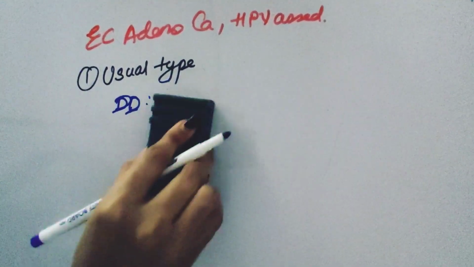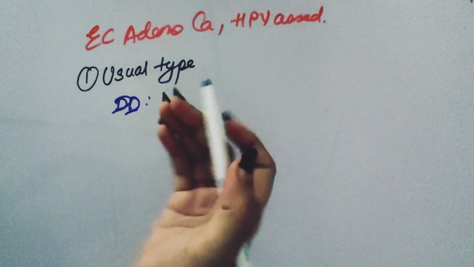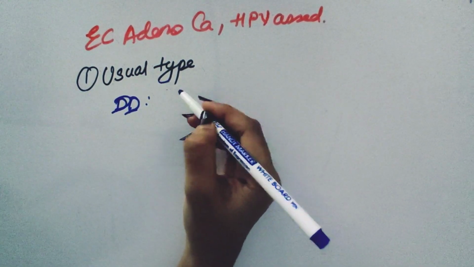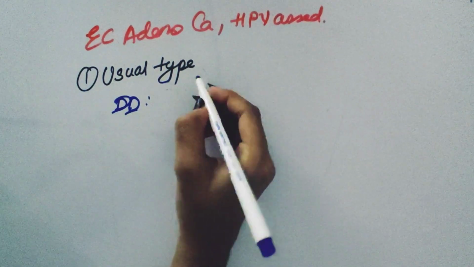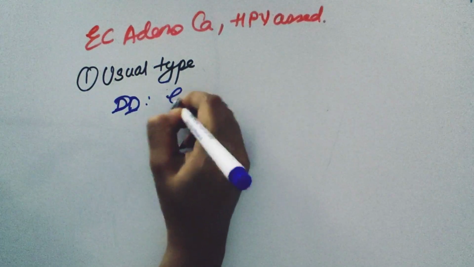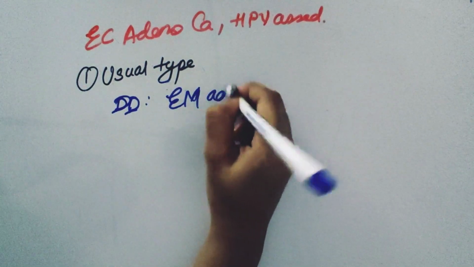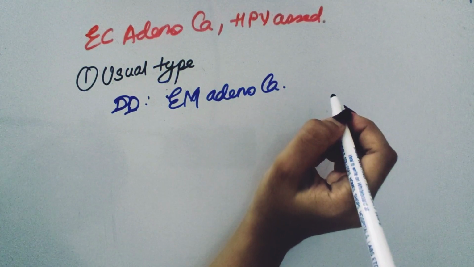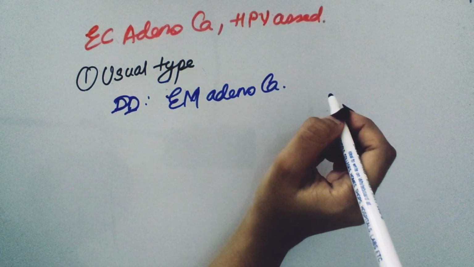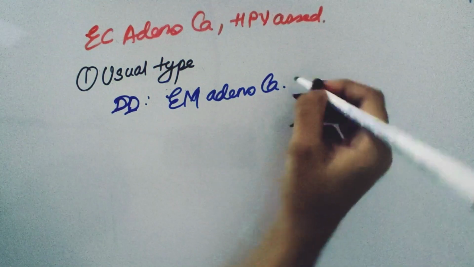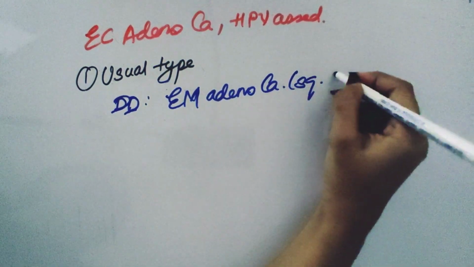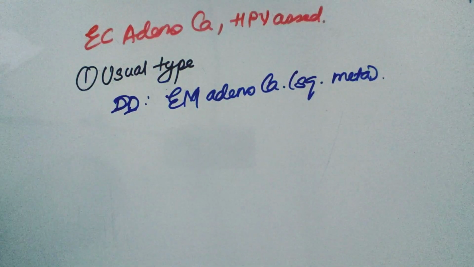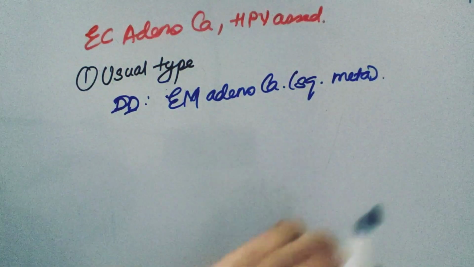Now coming to the malignant DDs, as I said, for endocervical adenocarcinoma, I was always keeping on telling that the first main common DD is the endometrial adenocarcinoma. You will differentiate it in that it can have squamous metaplasia, foamy histiocytes, and then you will see whether there is an endometrial lesion in the USG.